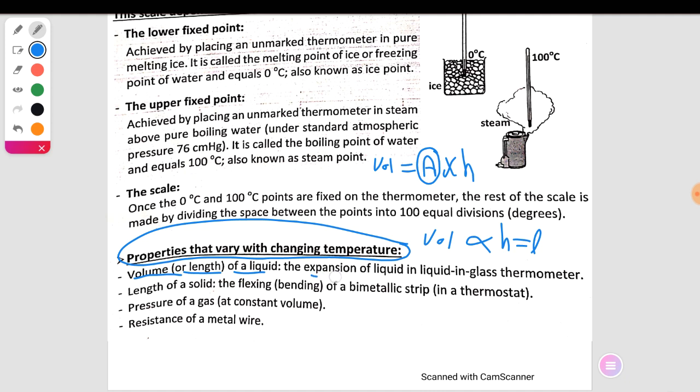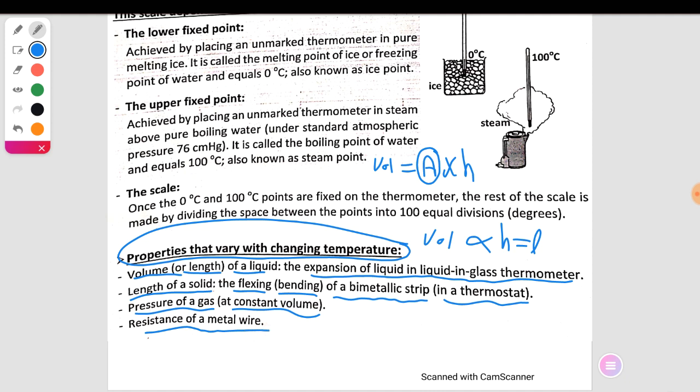The other properties are the expansion of liquid in a glass thermometer, the length of a solid, the bending of a bimetallic strip in the thermostat, the pressure of gas at constant volume, and the resistance of a metal wire.